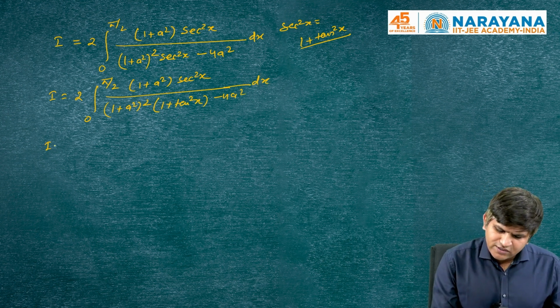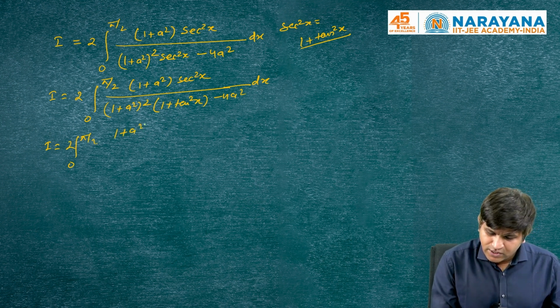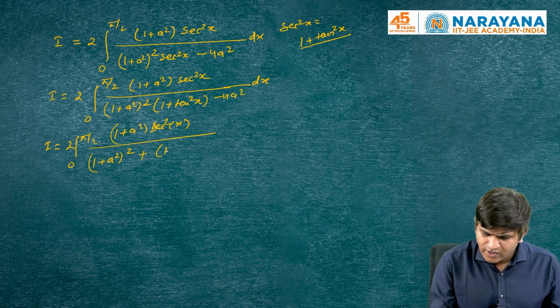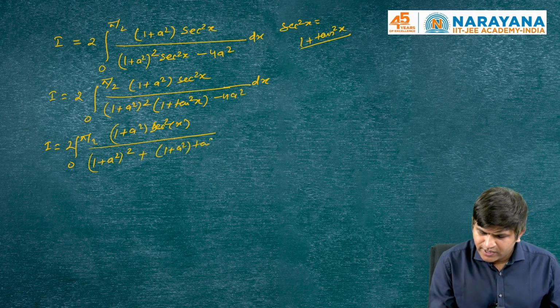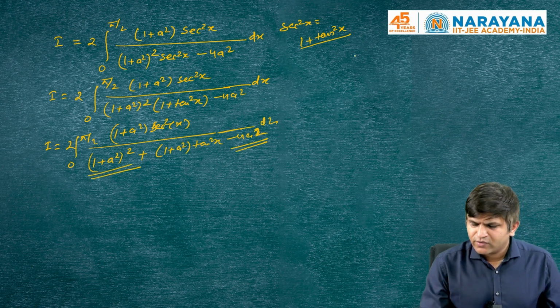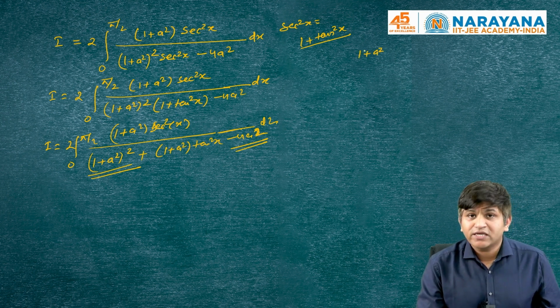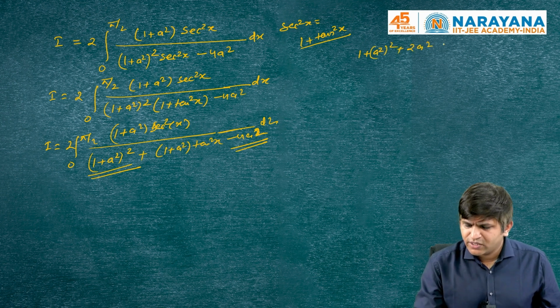Now we can write this as integral 0 to pi by 2, 2 times 1 plus a square sec square x. This part will be 1 plus a square whole square plus 1 plus a square tan square x minus 4a square. If we simplify this part, what we are going to get is 1 plus a square whole square, so we can write it as 1 plus a to the power 4 plus 2a square, and minus 4a square.